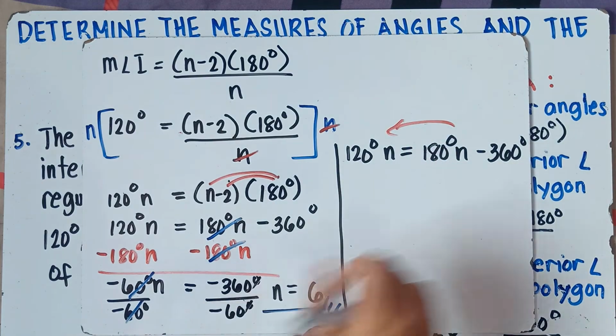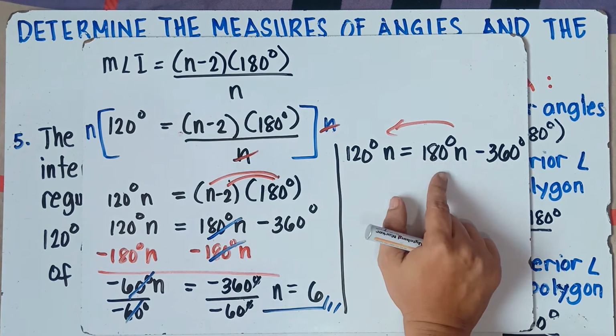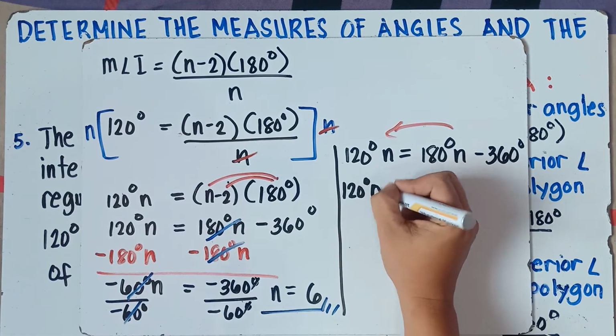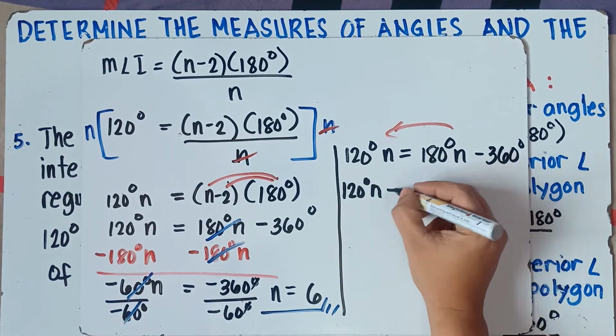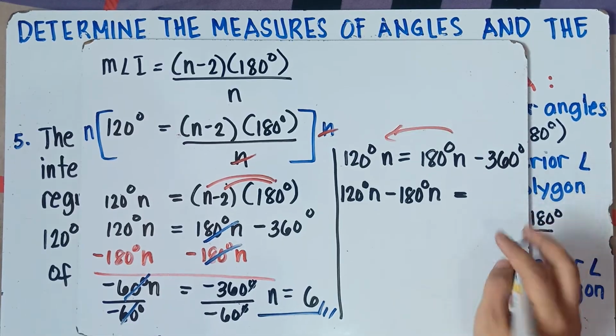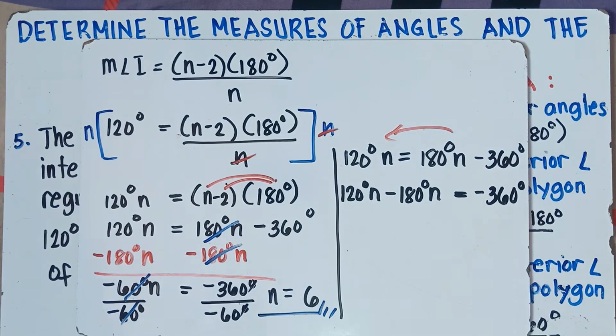And once you transfer a term across the equal sign, you always change the sign, class. This is positive, it becomes negative. So this will be 120 degrees n, minus 180 degrees n, equals, and simply copy this one, negative 360 degrees.